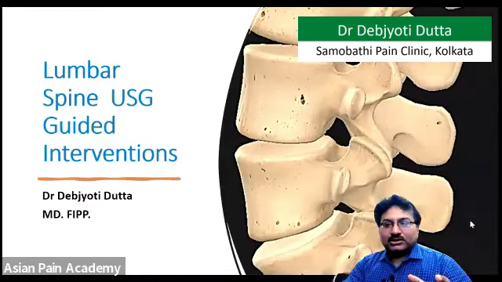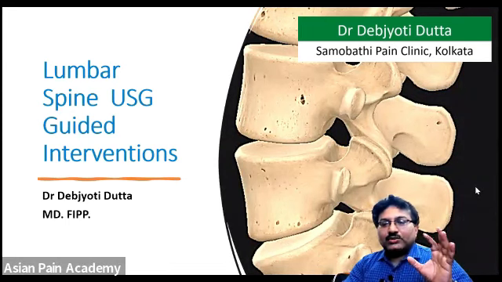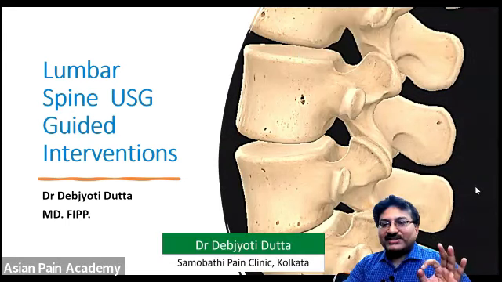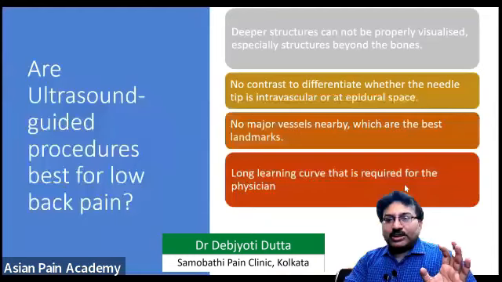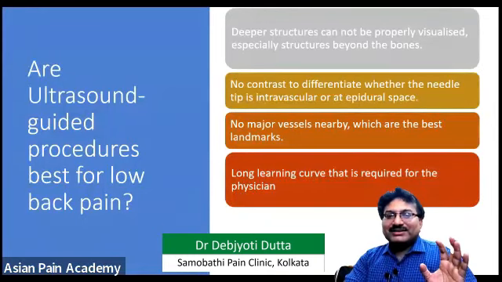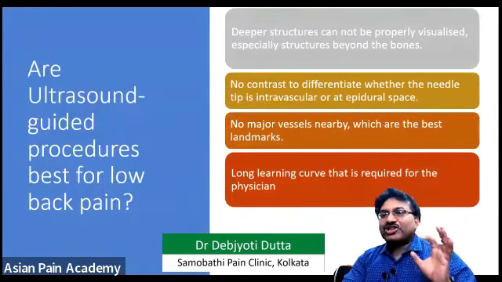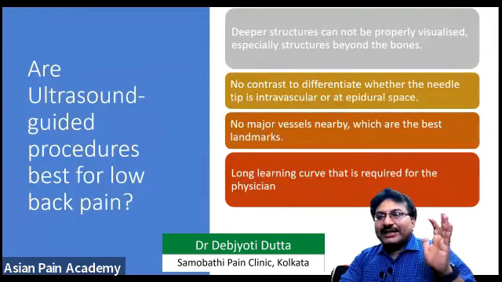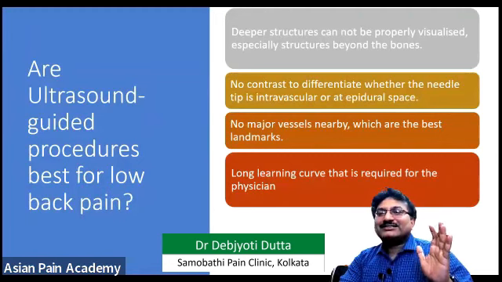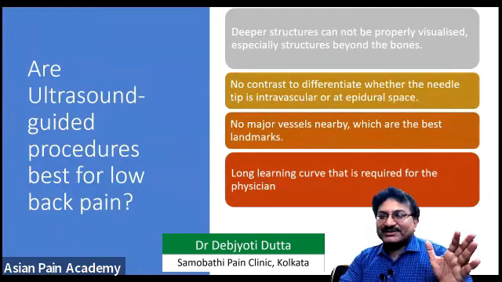Okay, let's start with the ultrasound of the lumbar spine. In the lumbar spine, first we need to understand a little bit of the anatomy, because here we'll be seeing the superficial portions. Deeper portions we cannot see, but we have to mainly understand what's over the surface.